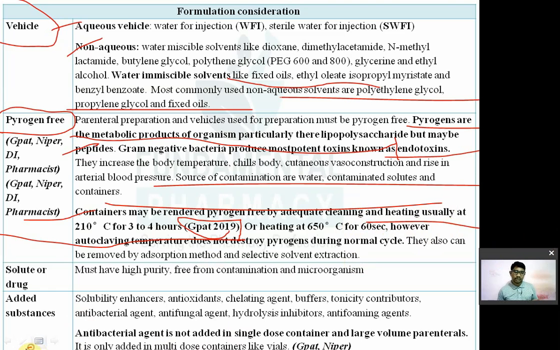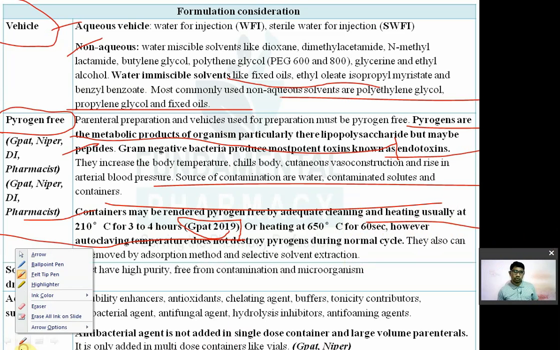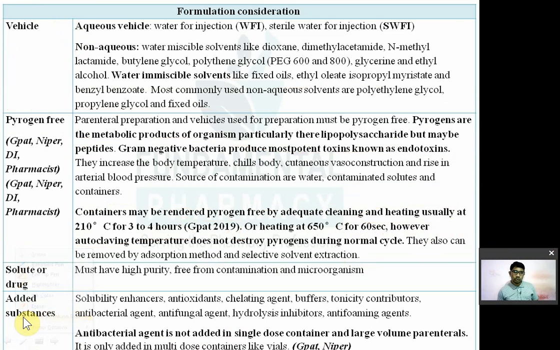So containers can be rendered pyrogen free by heating; there are two ways: first by heating at 210 degrees Celsius for 3 to 4 hours, ठीक है, and by heating the container at 650 degrees Celsius for 60 seconds. However, autoclaving temperature does not destroy the pyrogen during a normal cycle.